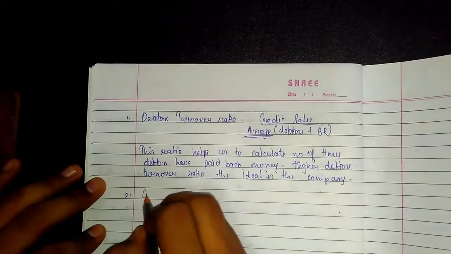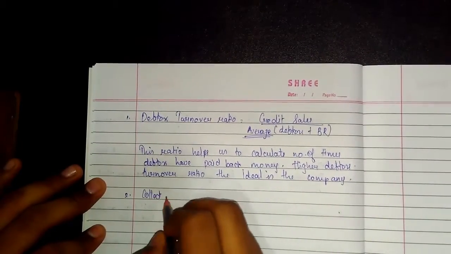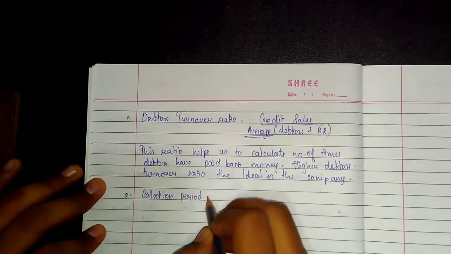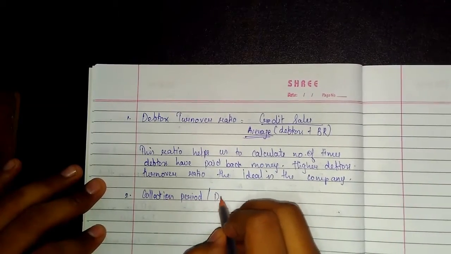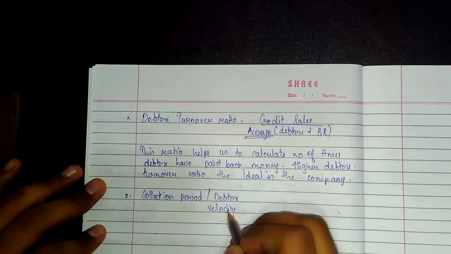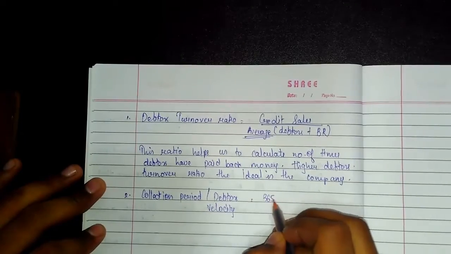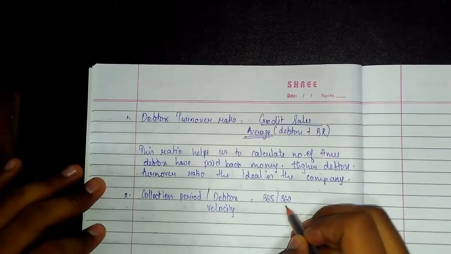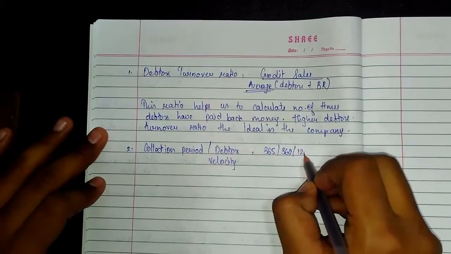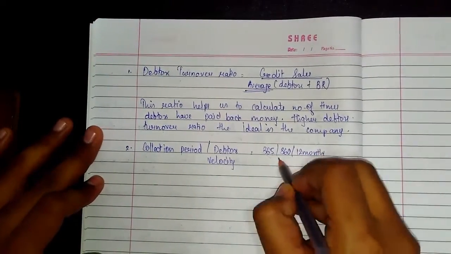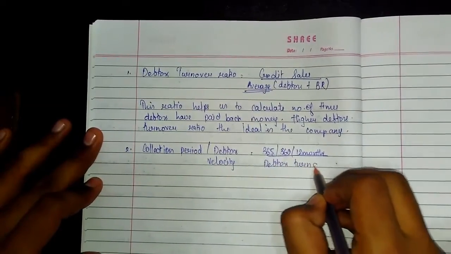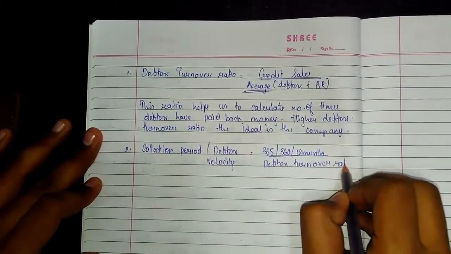Second, collection period slash debtors velocity, which is equal to 365 days slash 360 days, 360 days in case the question specifies, slash 12 months, divided by the debtors turnover ratio.